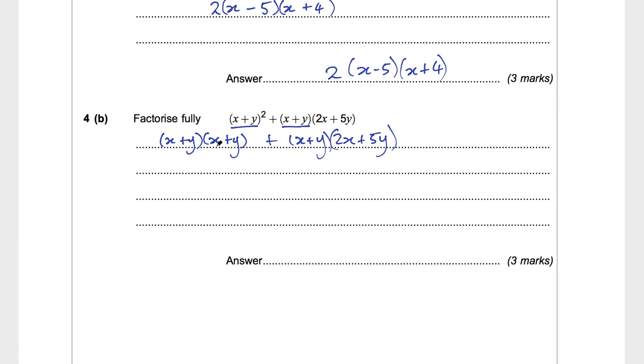So x plus y is a factor of both of these terms, so I can take it at the front, and I'll open double brackets for the moment. x plus y times x plus y plus 2x plus 5y. But this I can simplify inside, by collecting like terms, so x plus 2x is 3x, y plus 5y is 6y.